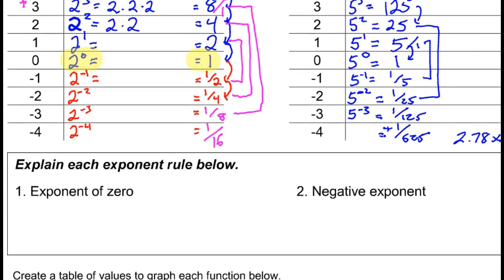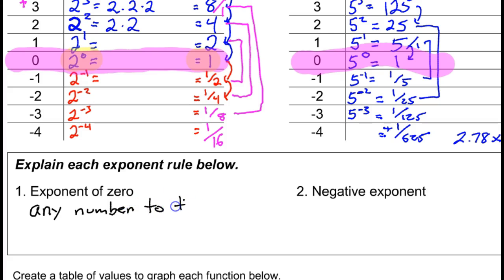All right, so let's look at what we've learned so far. Anything to the 0 power. What do you know about exponents to the 0 power based upon our two observations? What would you conclude from that? Yeah, any number to the 0 power equals, what does it equal? 1.